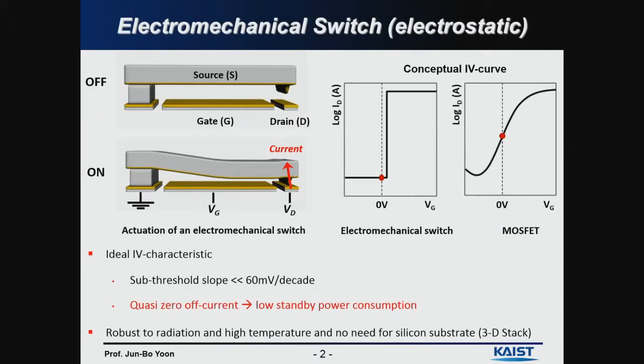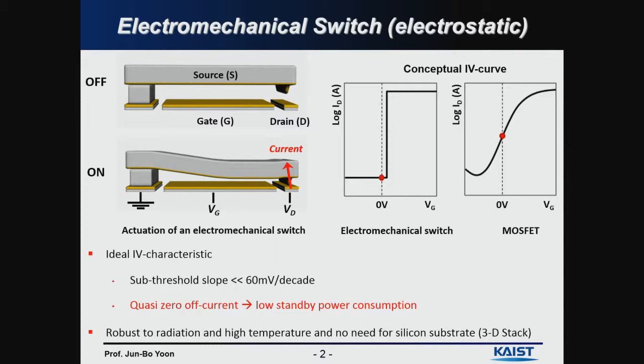So this is a conceptual view of the MEM switch. If you apply the voltage between these two, then it exerts an electrostatic force, which is attractive, then eventually makes the contact in the contact region. And this is what you can see in the conventional transistor.